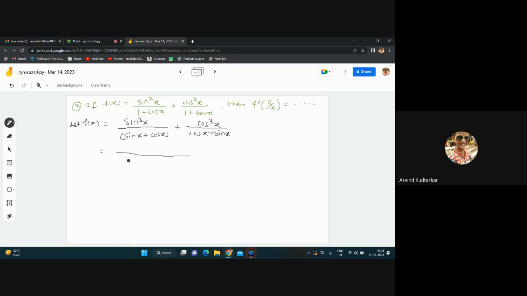So the denominator is sin x plus cos x, and you add the terms in the numerator: sin cube x plus cos cube x.